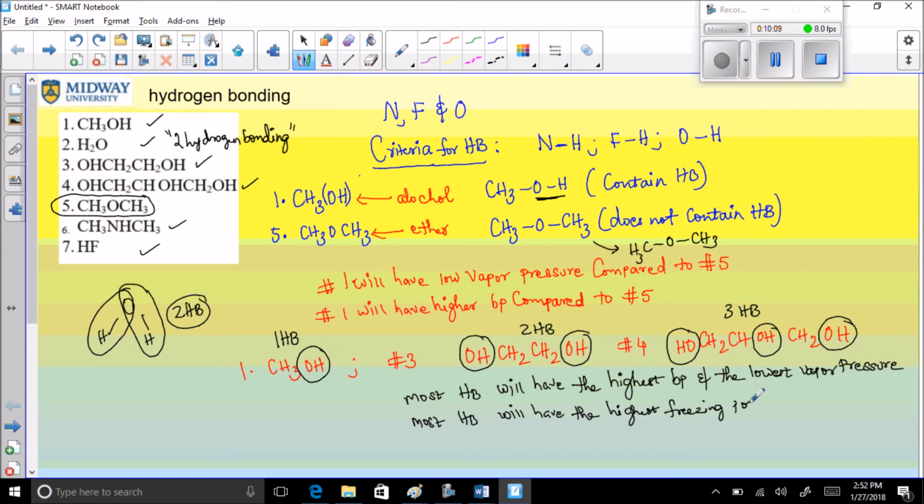It will lower the freezing point to the most negative. If you add methanol versus glycerol to water, glycerol would have the most negative freezing point. This could be -10, this could be -5, so this is much more negative. That's what I meant by highest effect on freezing point, which is more negative.